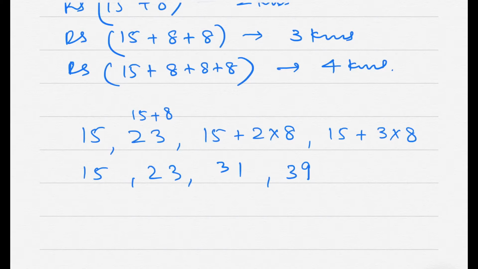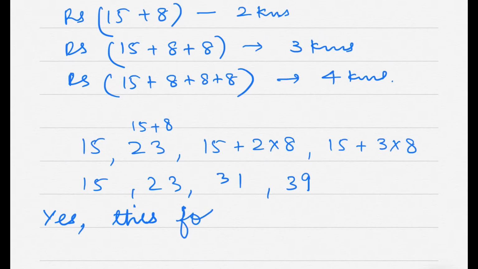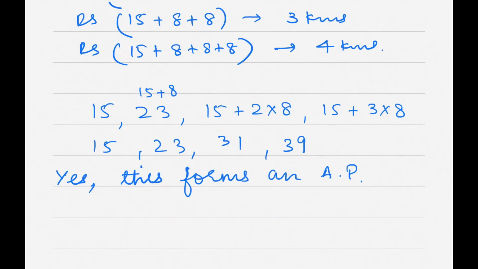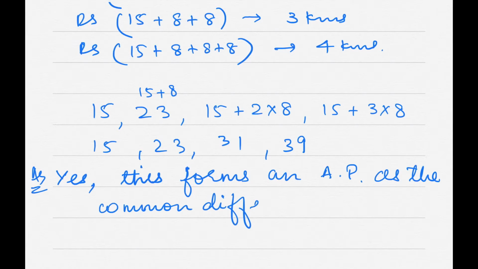So yes, I can say that this forms an AP, as the common difference is the same. So we have to write this as the answer: common difference is the same.